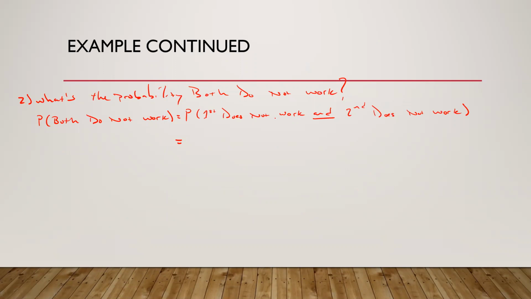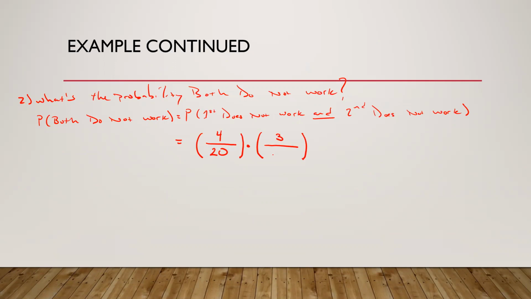All right, so we see this and statement. What's the probability the first one does not work? How many PlayStations did I say were not working? Yeah, and there were 20 total. Now when I go to the second one, if the first one wasn't working, how many working ones are left?